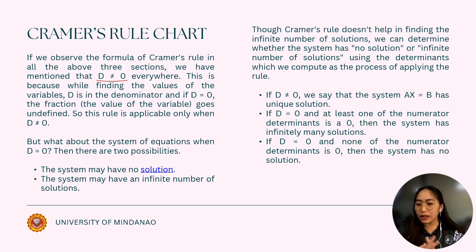So if D is not equal to 0, it has a unique solution. If D is equal to 0 and at least one of the numerator determinants is 0, then the system has infinitely many solutions. And lastly, if D is equal to 0 and none of the numerator determinants is 0, the system has no solution at all.